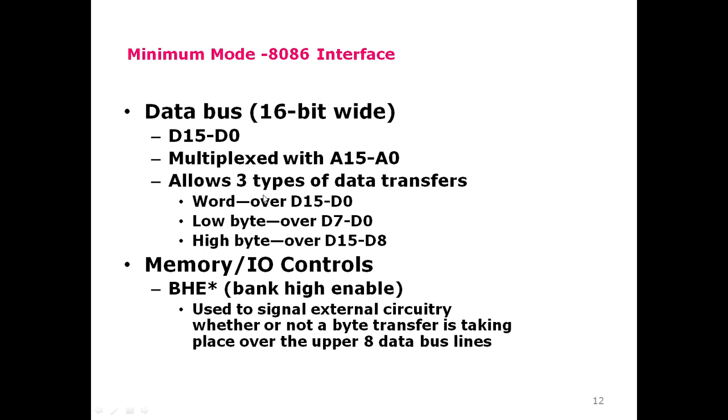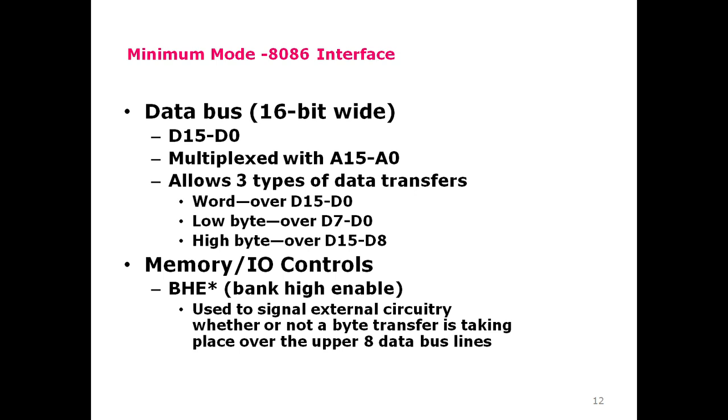The 16-bit data bus allows 3 types of data transfers. It can transfer a word of data at the same time, and for that the pins D0 till D15 would be used to read or write 16 bits of data, that is a word.